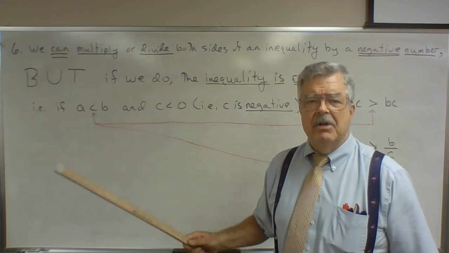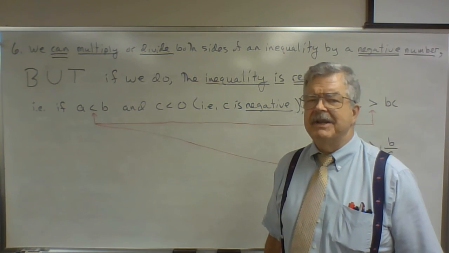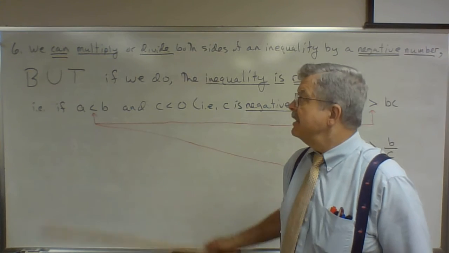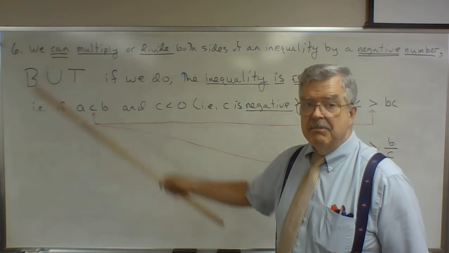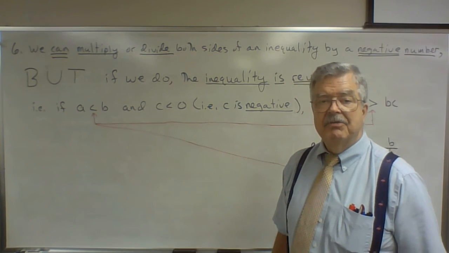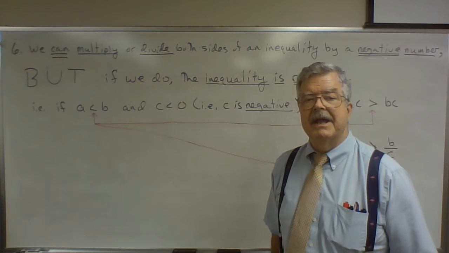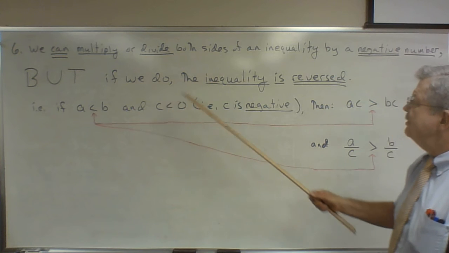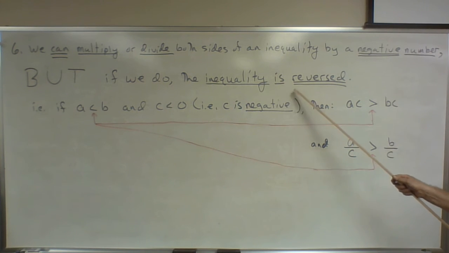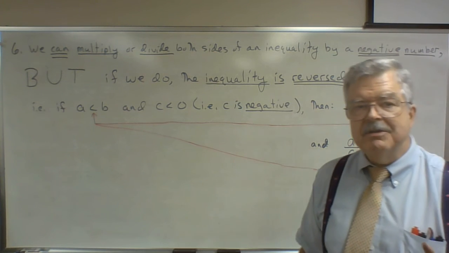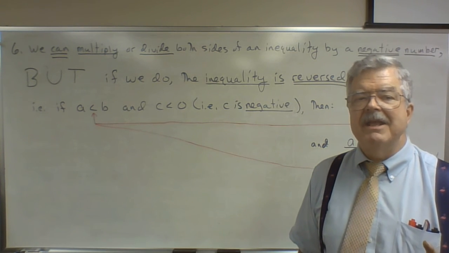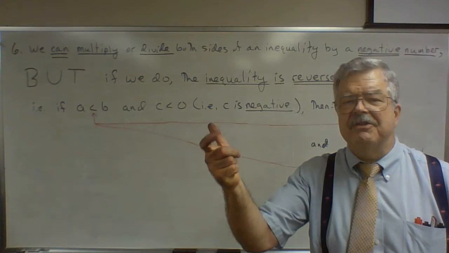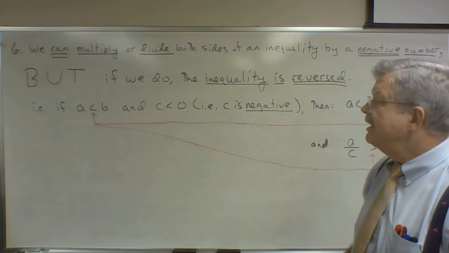We can multiply both sides of an inequality by a negative number. We can divide both sides of an inequality by a negative number. But if we do, the inequality is reversed. Multiply or divide by a negative number and it turns the sign around.